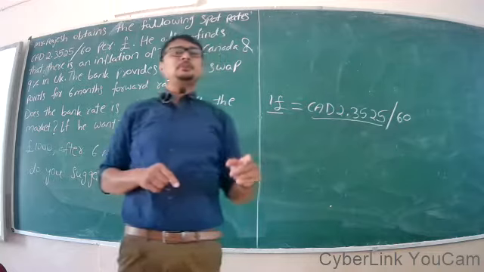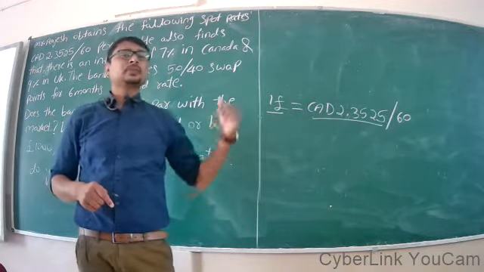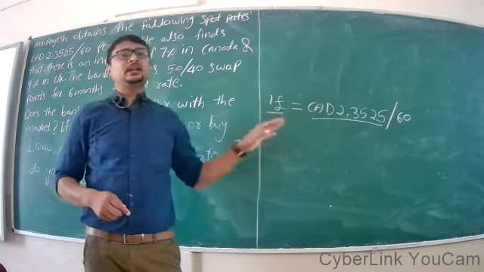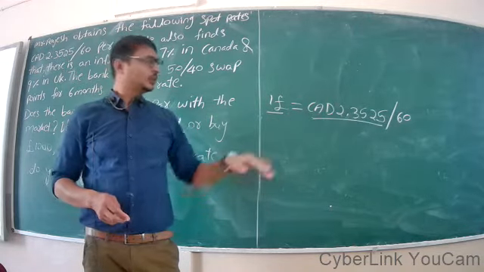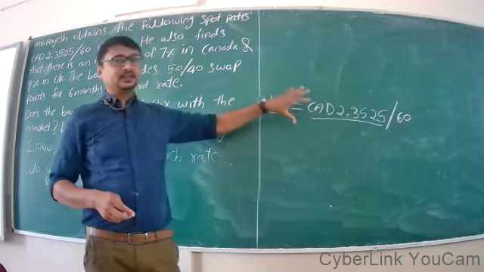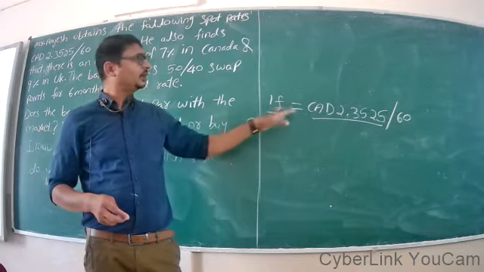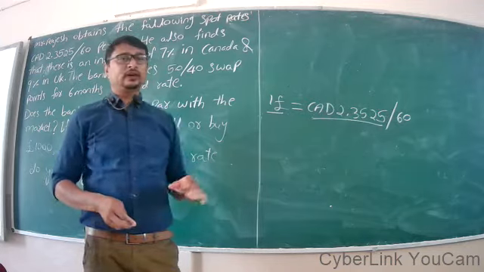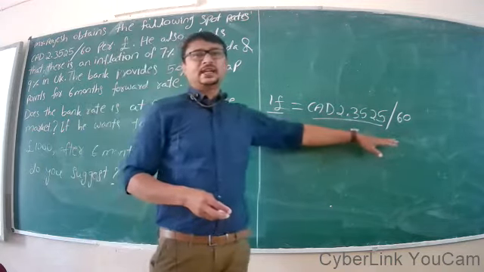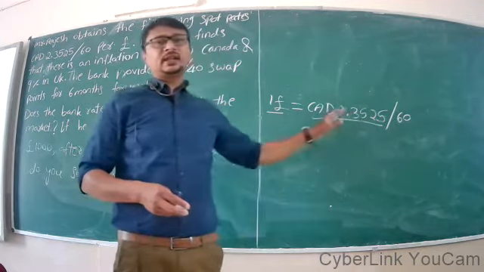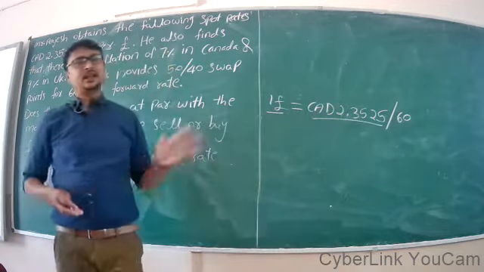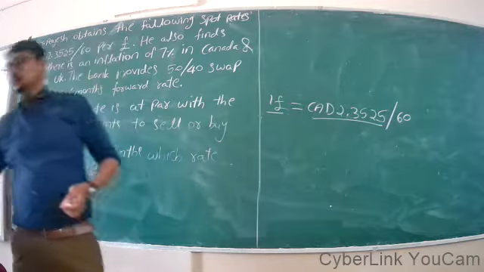The first step to solve such a problem is to identify the home country and the home currency. So if you write the quotation in this manner, 1 sterling pound is equal to Canadian dollar 2.3525. Now we have the quoted currency as a variable, and this quoted currency we consider as the home currency, that is Canada in this particular problem.